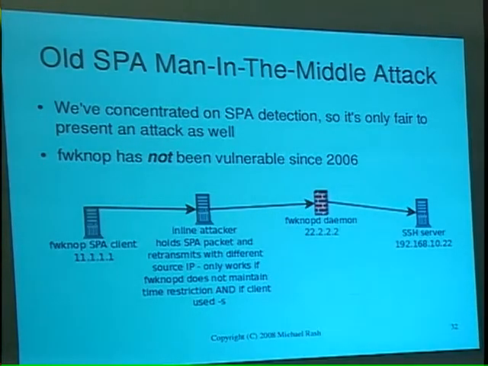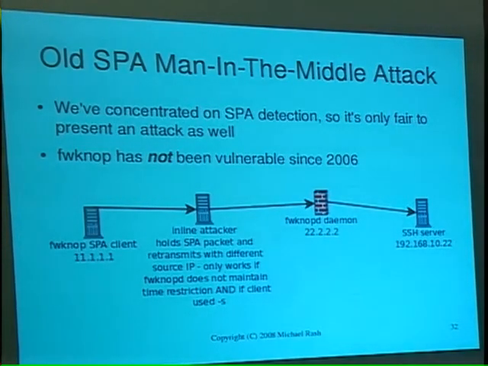The fwknop daemon side was unable to see that original SPA packet, so there's no way it could do a SHA-256 comparison against a new SPA packet to detect a replay attack. This means that if, at the same time, the client used -S on the command line to force the fwknop daemon to trust the source IP in the IP header, the attacker could retransmit that SPA packet payload from a different source IP and gain the same level of access as the original attempt.